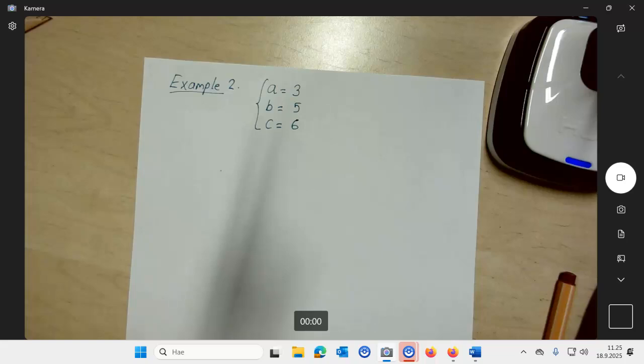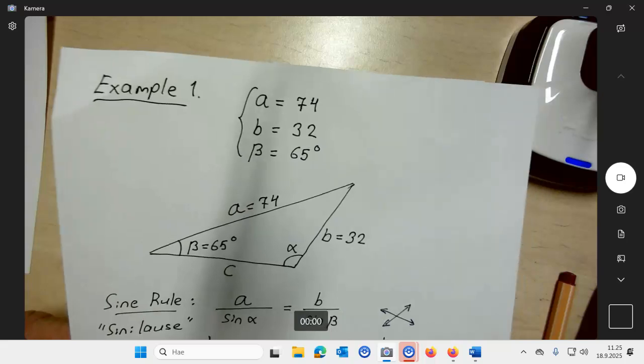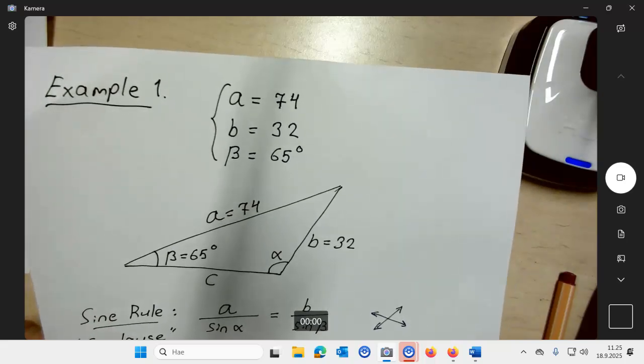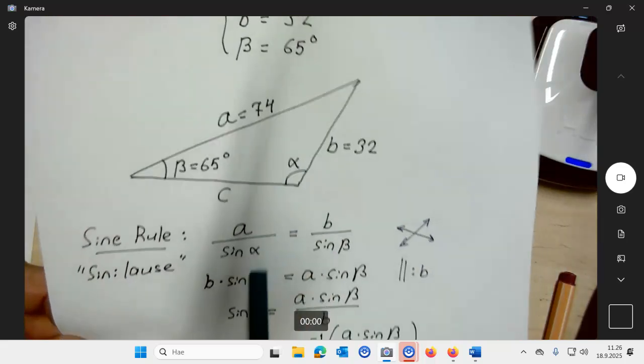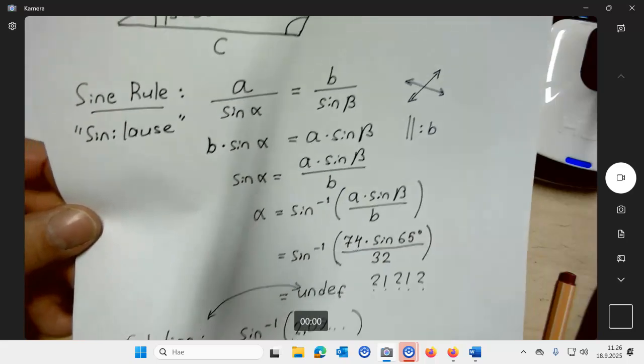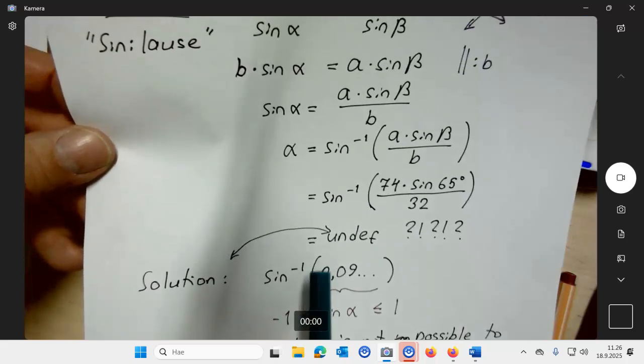I didn't take exactly the same example, because if we had some more realistic values for this, you could calculate it the same way, but in this case you would get the result there.